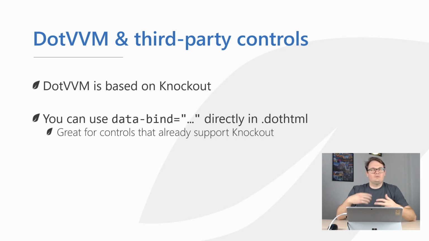When you have a view model in C# and it gets serialized and sent to the client, basically the .vvm library builds a Knockout.js view model in the page, and it works as normally as if you would use Knockout.js directly in the HTML.